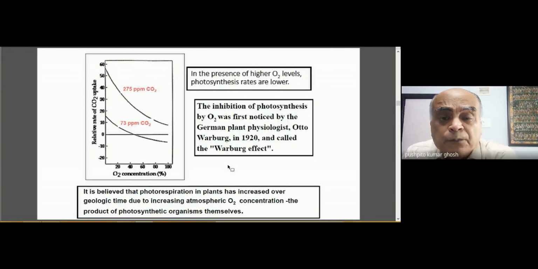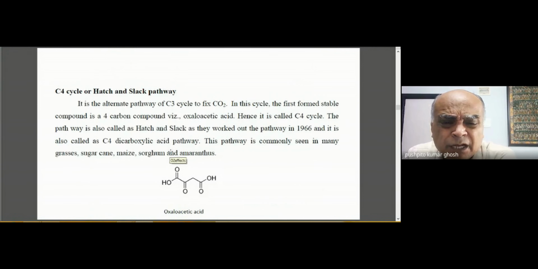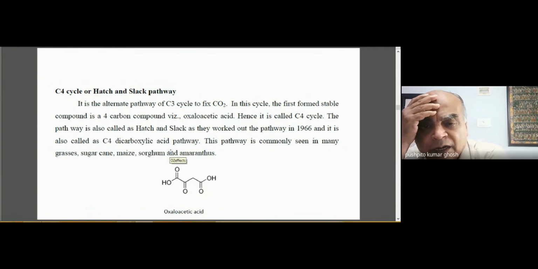Now plants have realized that this is a problem, that the concentration of carbon dioxide going into the dark system is so low, because you are just taking it from the atmosphere, and so plants did something extremely clever. And the plants which are most important from the biomass perspective are those kinds of plants.